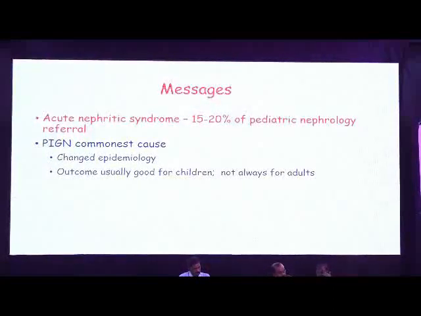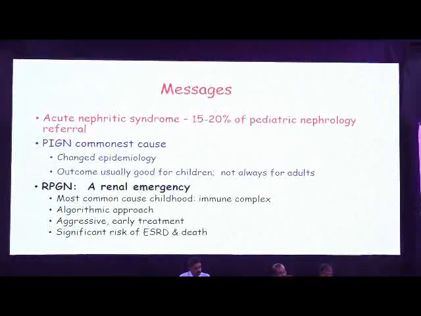Outcomes are usually good, but if it is not improving, we should be looking at other disorders like C3 glomerulonephritis. RPGN, a child who has a nephritic syndrome with rapid deterioration of kidney function, is an emergency, and we should be looking at an early kidney biopsy in these children to find the cause and treat them with aggressive early therapy, because there's a significant risk of ESRD and death in these children. Thank you.